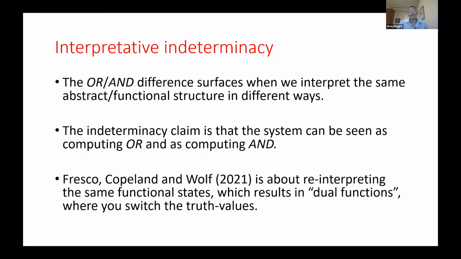And this idea was highlighted in the paper by Fresco, Copeland, and Wolf, who noticed that we can reinterpret the same functional states, and this results in what they call dual functions, where you simply switch the truth values.